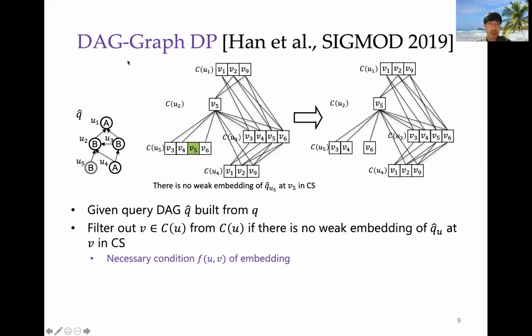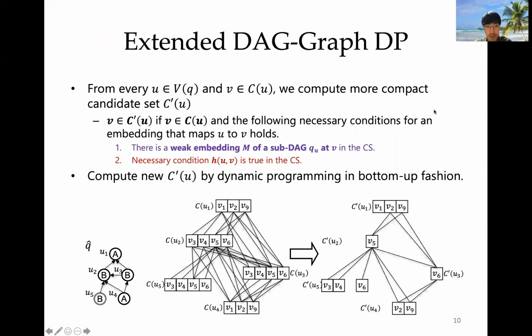And the previous SIGMOD paper proposes a new necessary condition of an embedding, which is weak embedding, to get a more compact CS. What we propose in this paper is to combine these two necessary conditions of embedding to get a more compact CS.